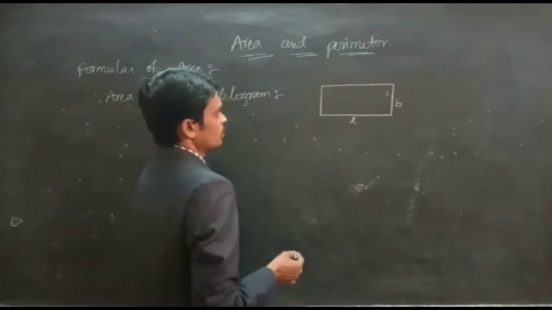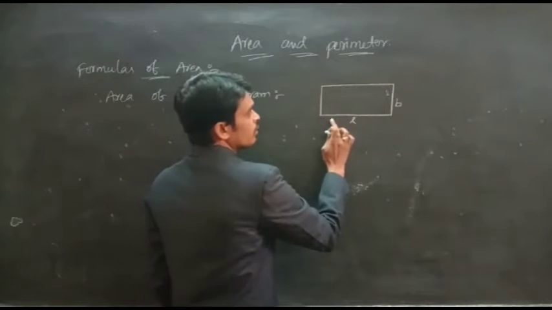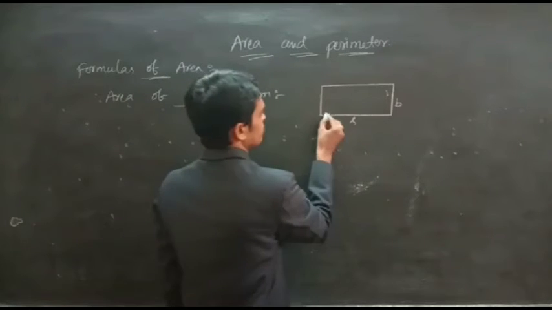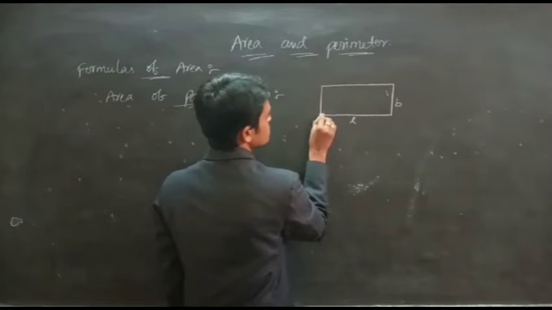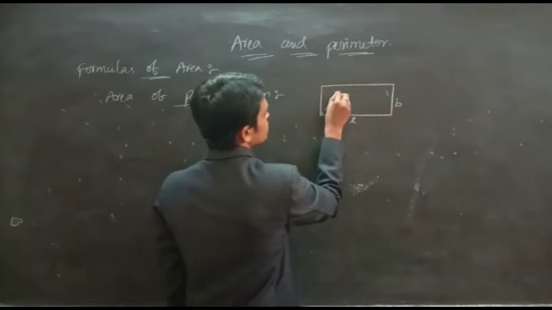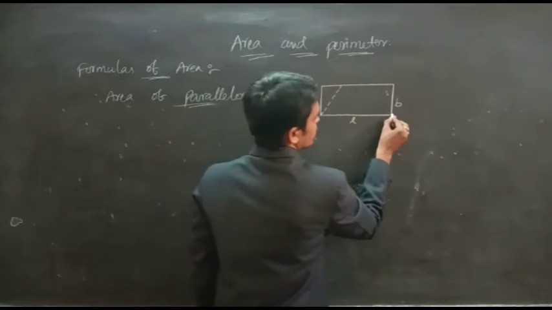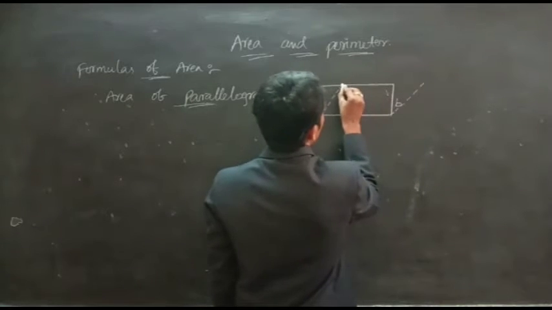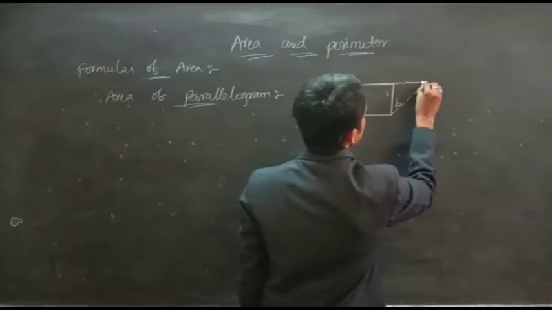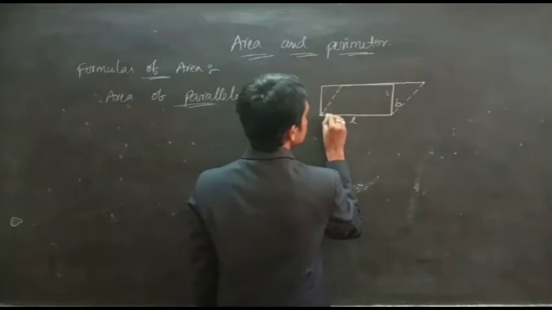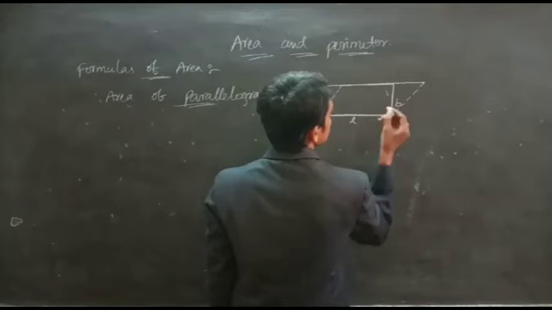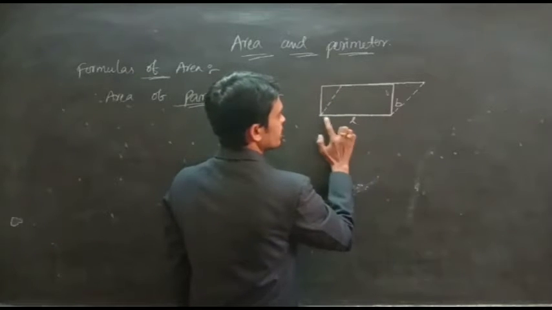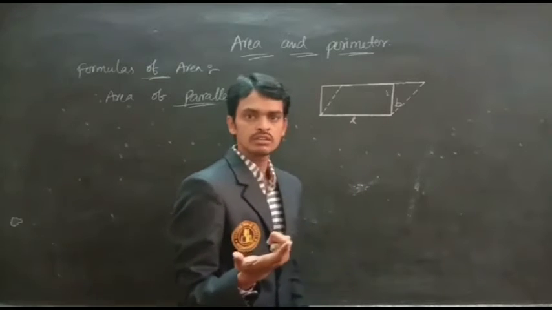Now, by using this rectangle, we are going to compare the parallelogram. Like this, I am drawing another line, and here also like this cross. And draw the line like this, and here also. So base of a rectangle and base of a parallelogram both are equal.